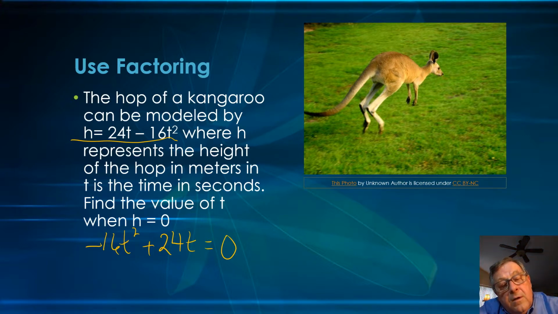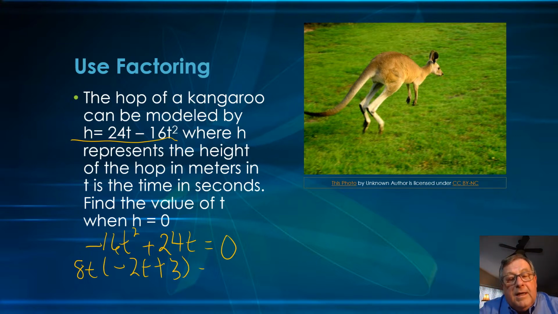So why don't we factor out 8t, and now this becomes negative 2t plus 3, all equaling 0.